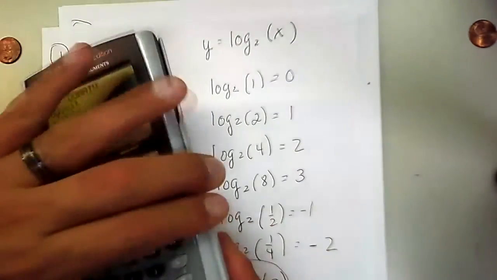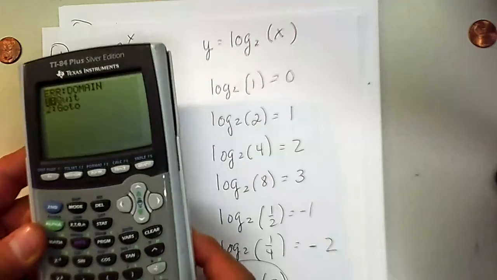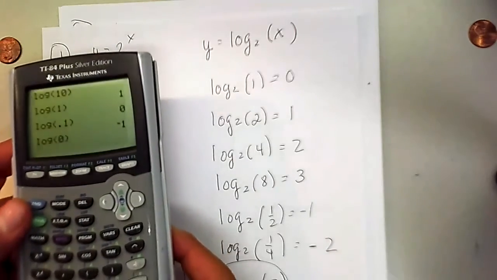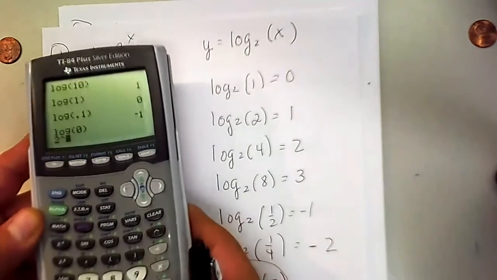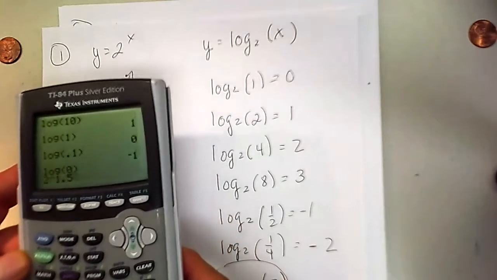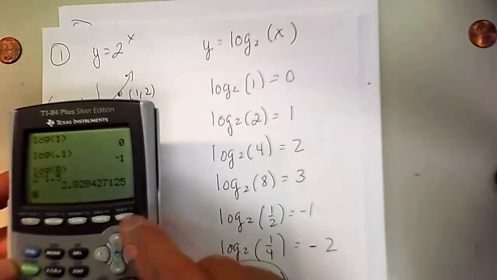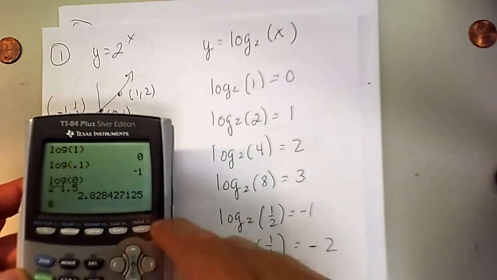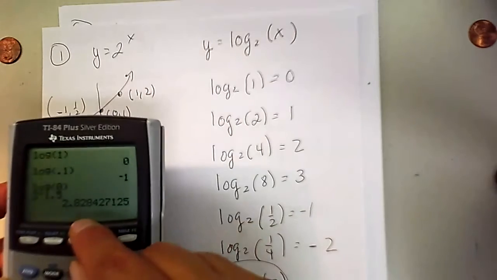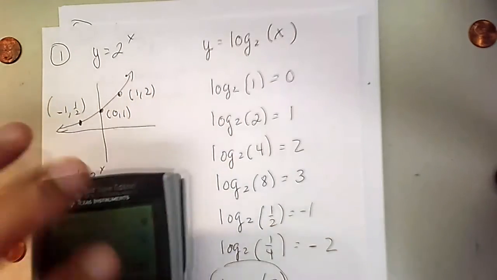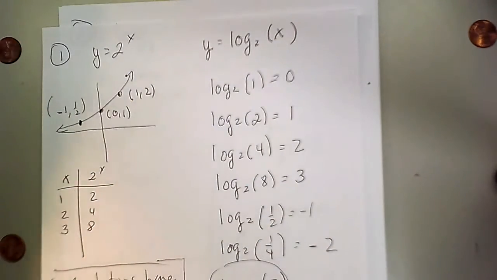If we do 2 with the exponent of 1.5, that doesn't give us 3. It gives us less than 3. We want 3. It's not even that close to 3. So that's not going to work.